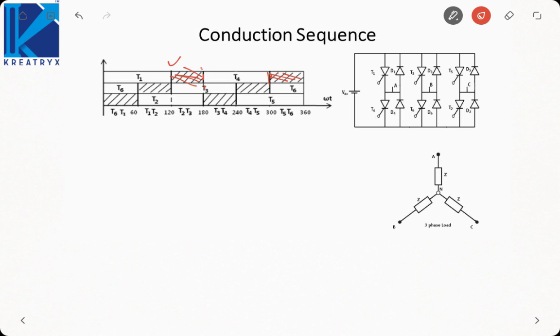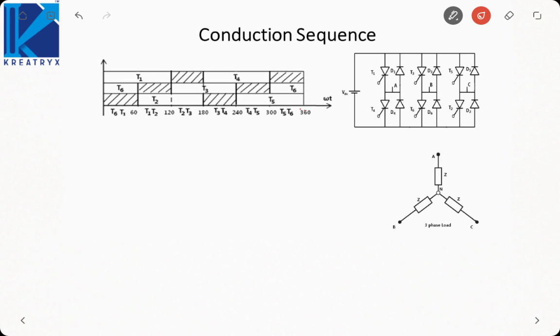Similarly, T3 will start from 120, will continue up to 240, then 60 degree for commutation, then T6, and here also T6. And T5 will start from 240, will continue up to 360, then 60 degree for commutation, again 120 is T2.